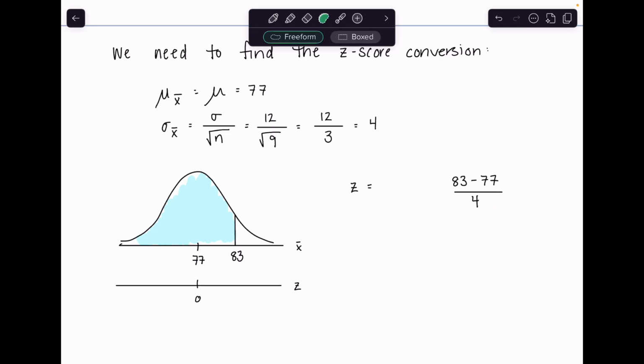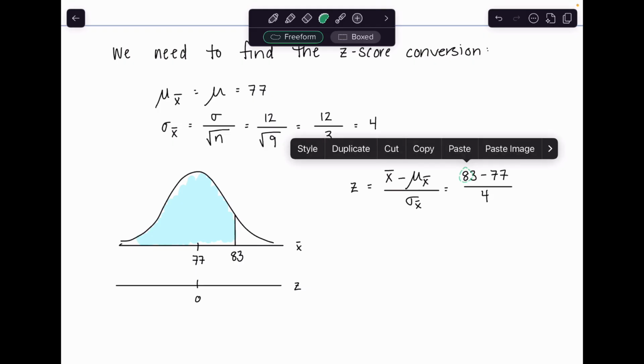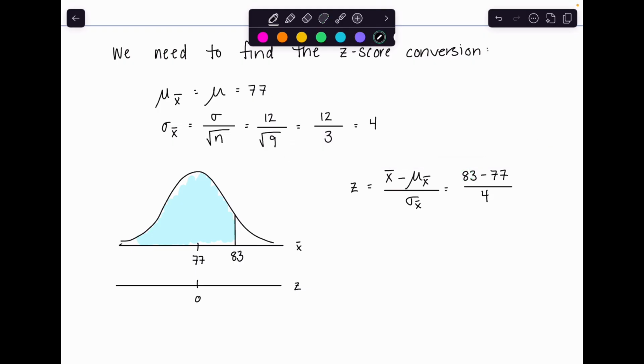Right? Because the reason for that, you still find it the same. It's your value minus the mean divided by the standard deviation. It's just the ones that are associated with the sample instead. So if we go through and do this, 83 minus 77 is 6. 6 divided by 4 gives us 1.5.